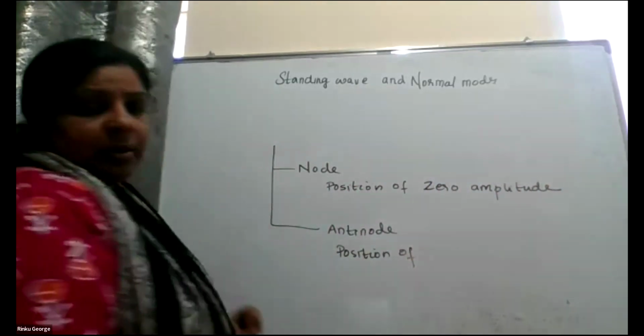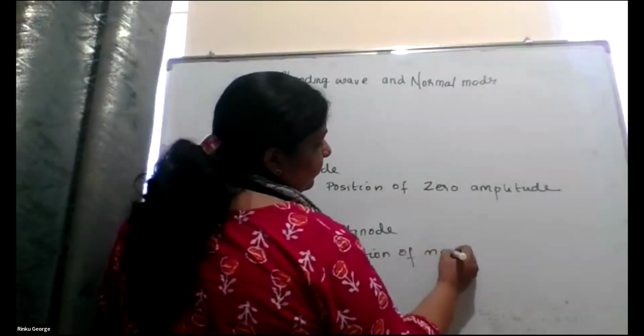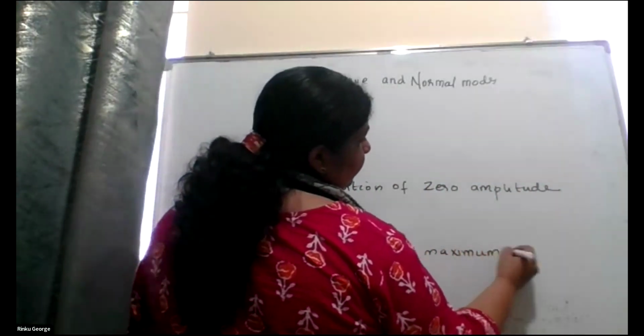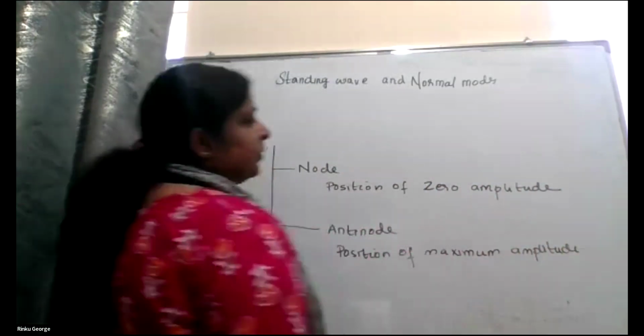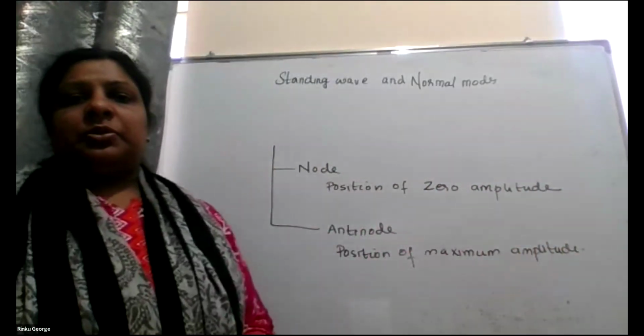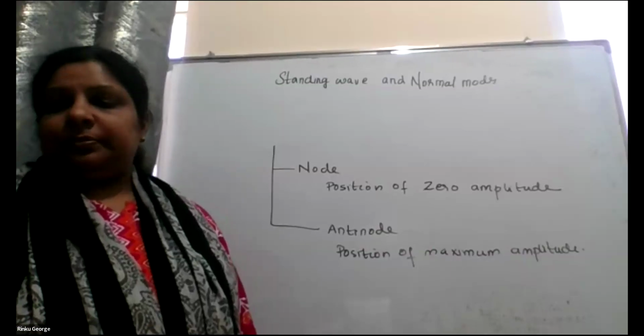Position of maximum amplitude is called an antinode. Position of 0 amplitude is node. Position of maximum amplitude is antinode.